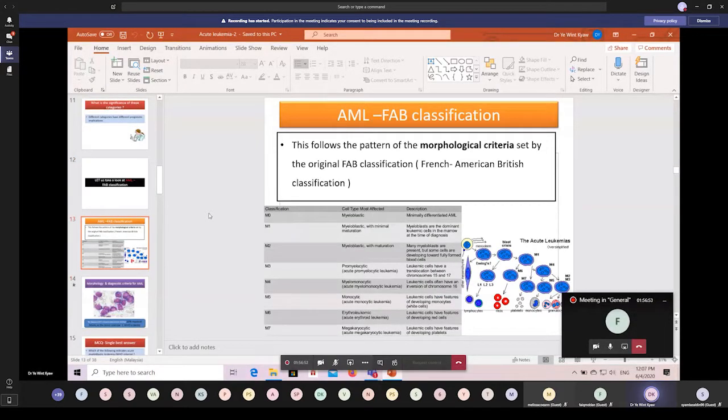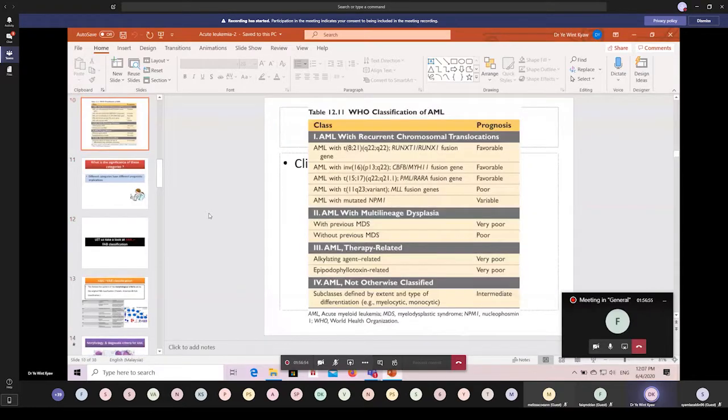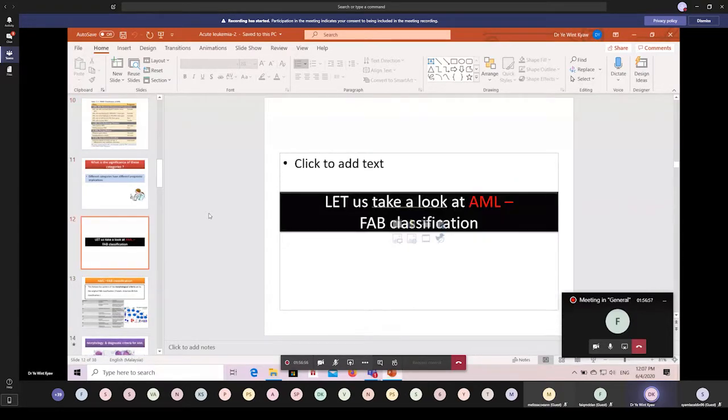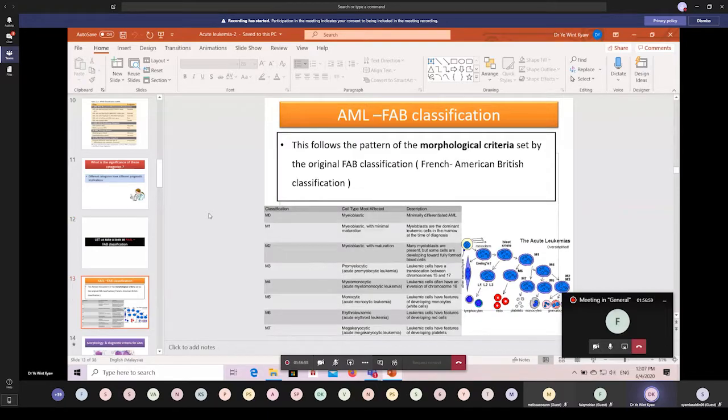FAB is the old classification. Nowadays we use the WHO classification. The FAB classification is according to morphology. M0 myeloblastic, M1 myeloblastic with minimal maturation. You can see myeloblasts only. Here you can see some neutrophils.